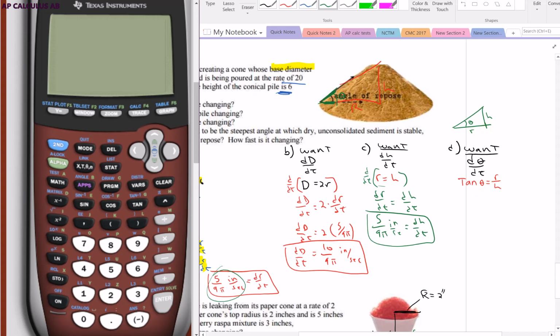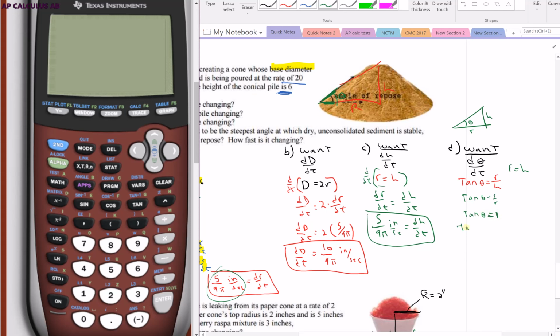And we know that r equals h, so I can replace h with r and simplify this. So tangent is going to be r over r, which means that tan theta in this case has to equal 1, right? r divided by r is 1. So then you have to think to yourself, well, tangent of what gives me 1?